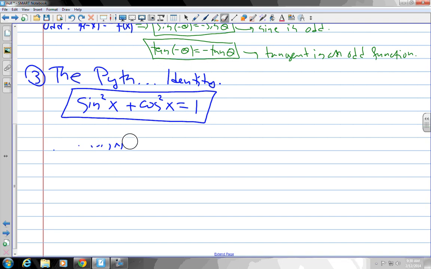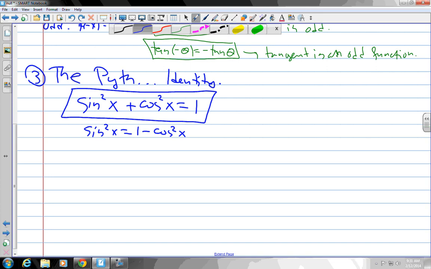So this is the notation for the square of a function. Okay. Now we can play with this identity. This little identity gives us many, many more. Like I can always solve for sine. Let's say sine squared x equals 1 minus cosine squared x. Right? And if I divide everything here by, let's say, cosine squared, see what happens.